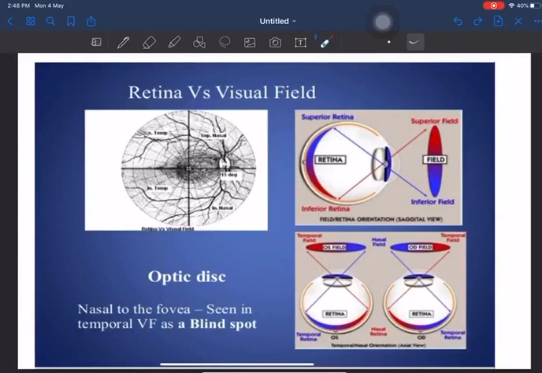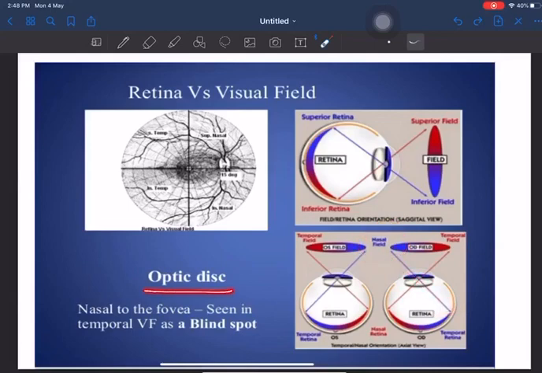How is our retina different from our visual field? What we see superiorly is perceived by our inferior retina, and what we see inferiorly is perceived by the superior retina. Likewise, what we see temporally goes to the nasal retina, and what we see nasally goes to the temporal part of the retina.